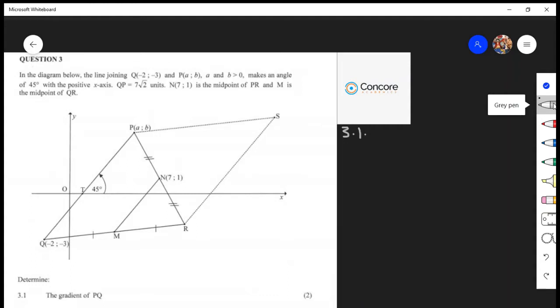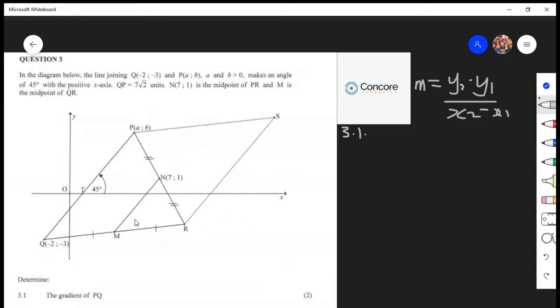To use that previous formula, m is equal to (y2 minus y1) over (x2 minus x1), we don't have our P coordinates. We also don't have the gradient of any other parallel lines or perpendicular lines to use our perpendicular and parallel rules. The only other thing that we have is the 45 degrees, right?